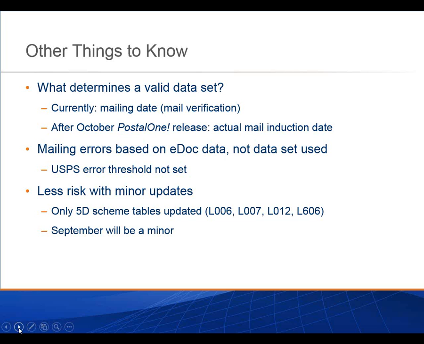They're also in the process of doing the same thing for flats, which is L006 and L007. So with the July update, you're going to see much more aggressive changes in those tables as well. That's a benefit to mailers because it's going to help more mail qualify at 5-digit prices. So it should have a postage impact, in a favorable way, ideally.